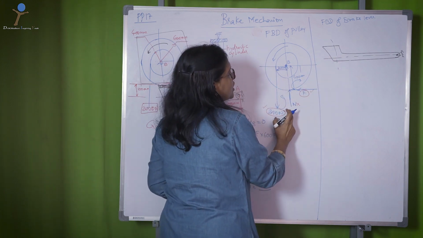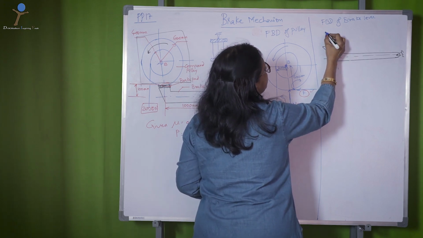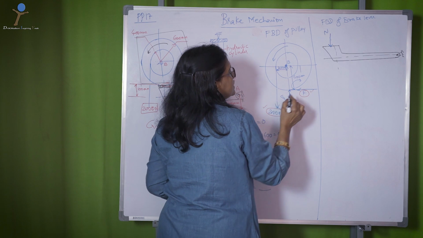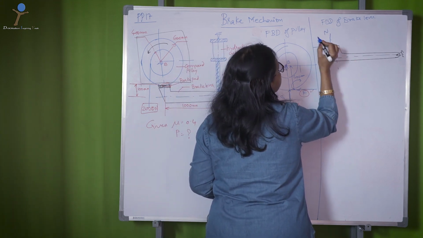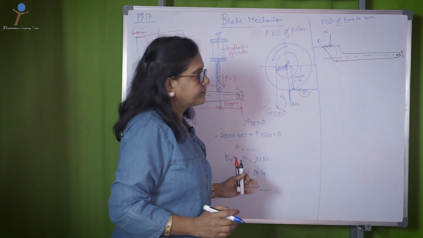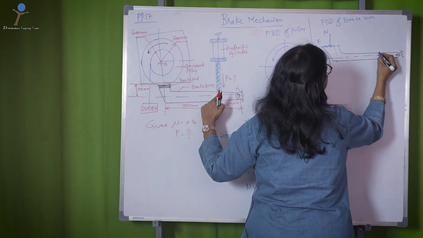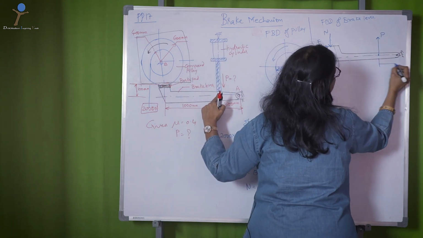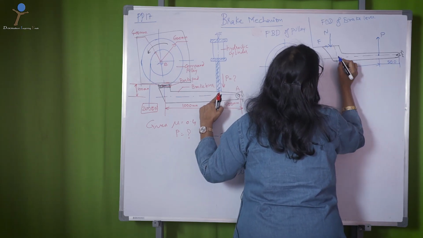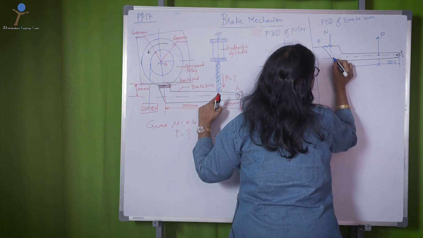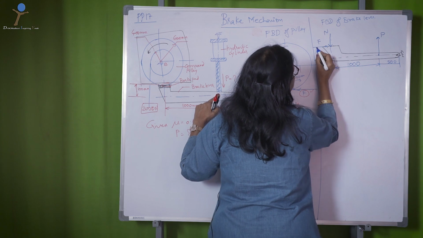That means the normal reaction on the pulley is in the upward direction, so the normal reaction on the brake pad would be in the downward direction. And the frictional force, which was to the left, will now be to the right on this brake pad, equal and opposite. Then the force applied here, at a distance of 500 mm from the hinge, is in the upward direction. So you know that this is 500 mm, this is 1000 mm, and this distance is 100.